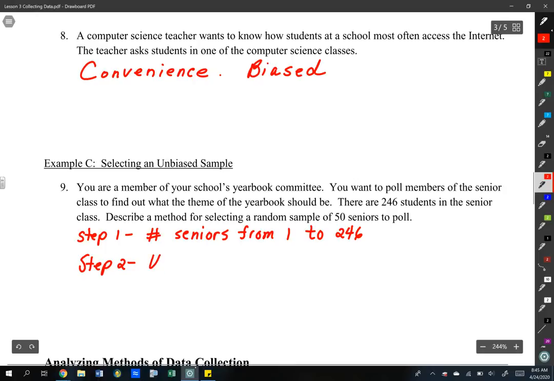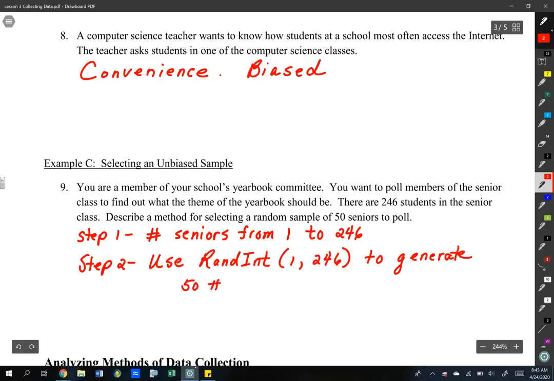When I want to call on you randomly, I can use the calculator. So we're going to use the randint feature where we would go from 1 to 246 to generate 50 numbers for our survey. Those numbers would be pulled. We would ignore any duplicates, and we would pick 50 numbers.